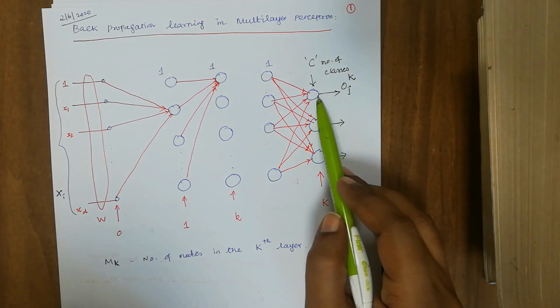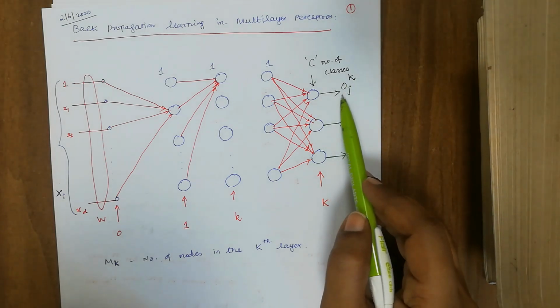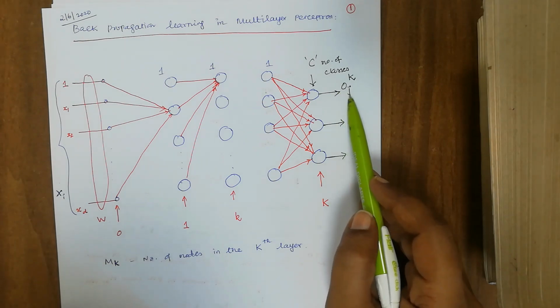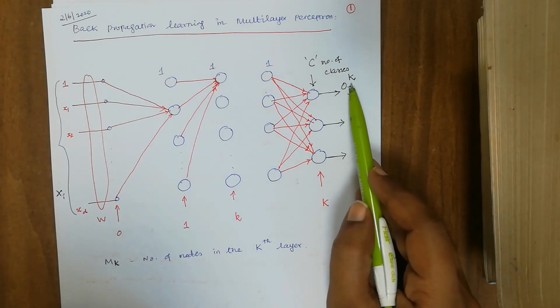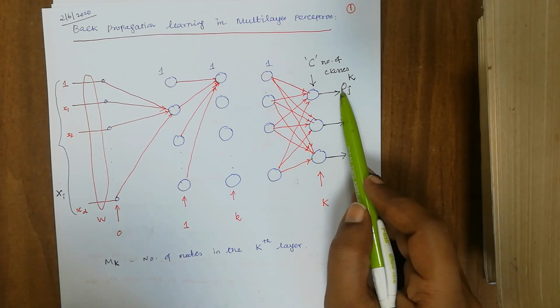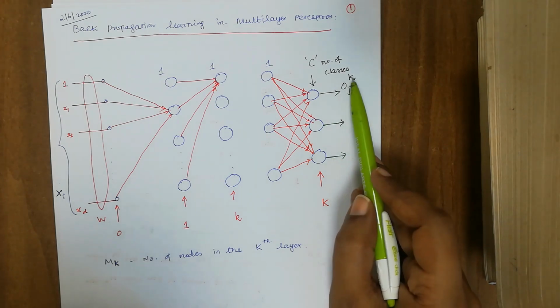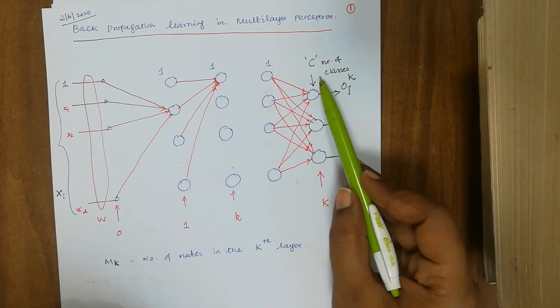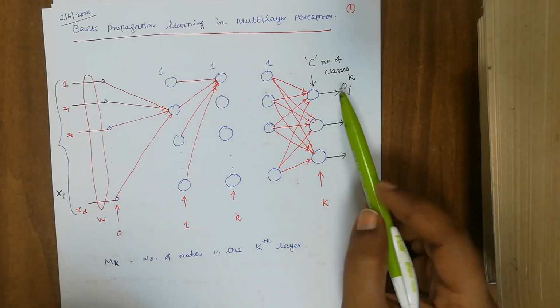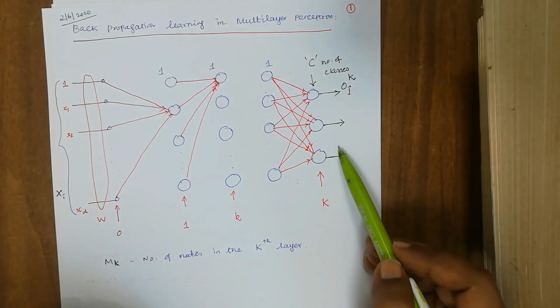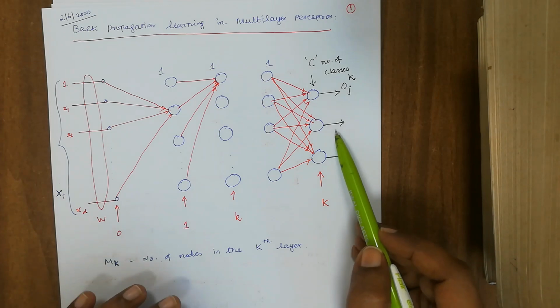The output of any neuron can be represented as OJK. OJK is the output of the jth neuron of the kth layer. If there are C classes, there could be C neurons in the output layer.